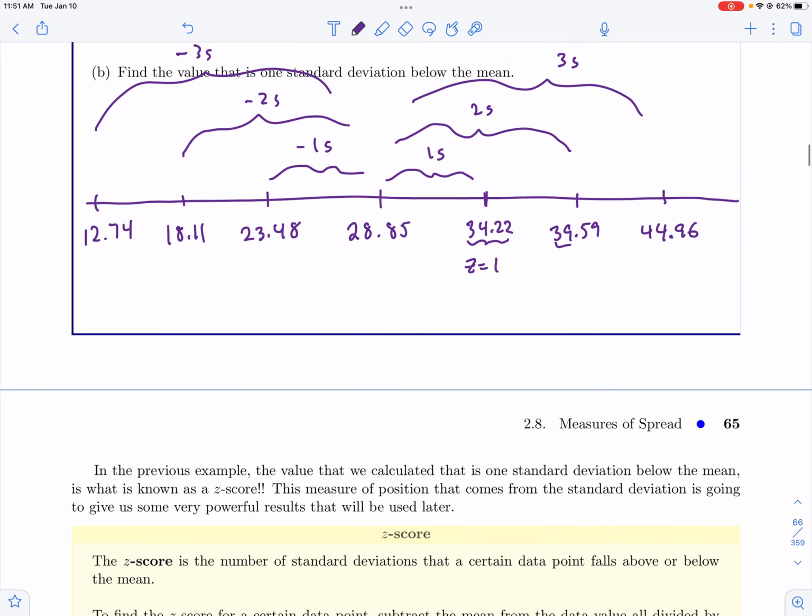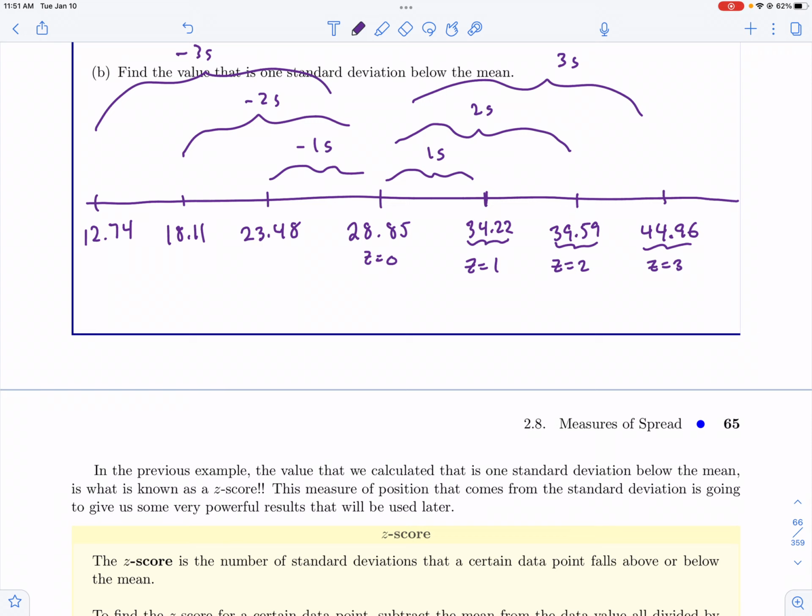The 39.59 would be a z-score of 2, because again, it's exactly 2 standard deviations away from the mean. And finally, our 44.96 would be considered a z-score of 3, because again, it's 3 standard deviations away from the mean. The 28.85, the mean itself, would be considered a z-score of 0, because it's no standard deviations away from the mean, because it is in fact the mean.